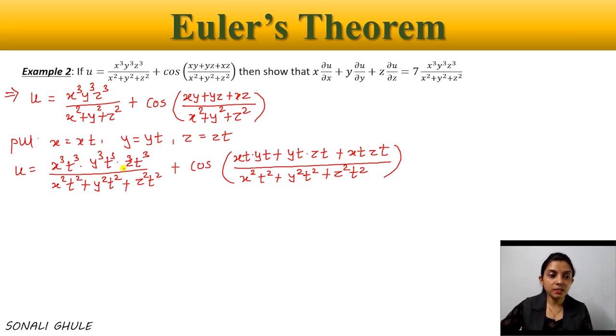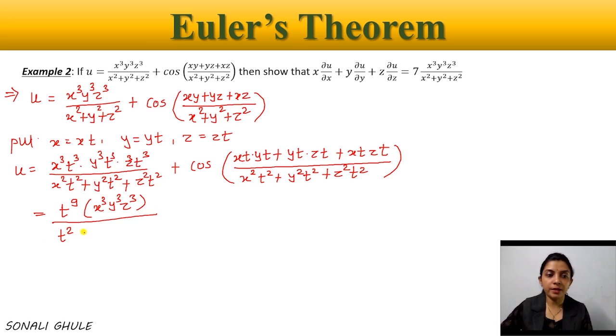Now see here, what is in the numerator? I can have t cube into t cube into t cube, meaning I can do the addition of the powers. So it is t raised to 9 times x cube y cube z cube. Upon, at the denominator, what can I find?